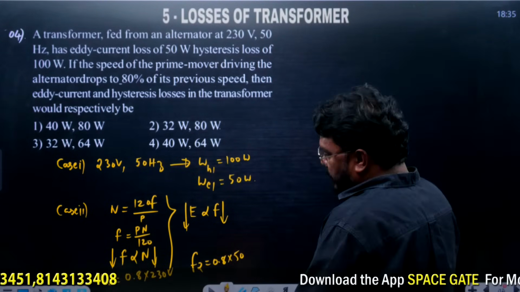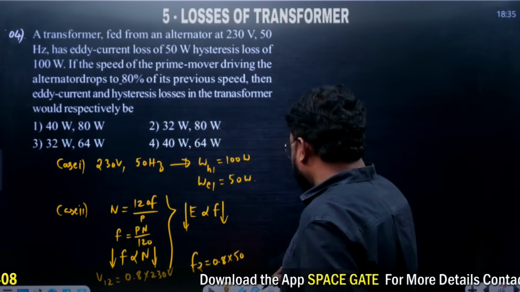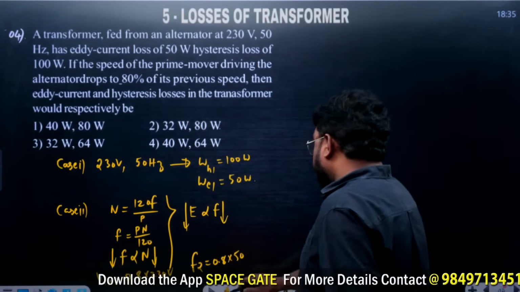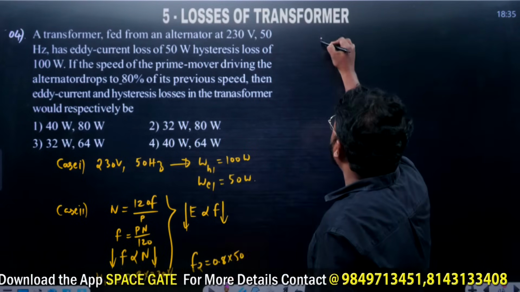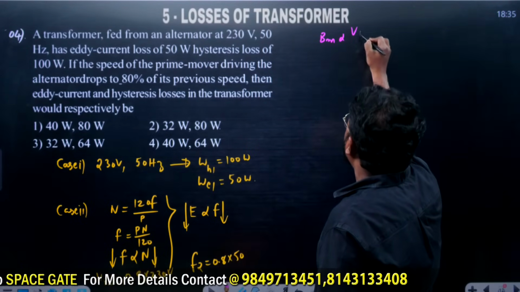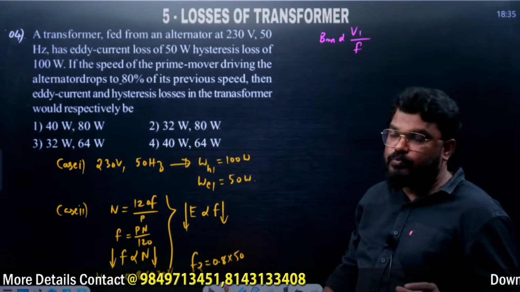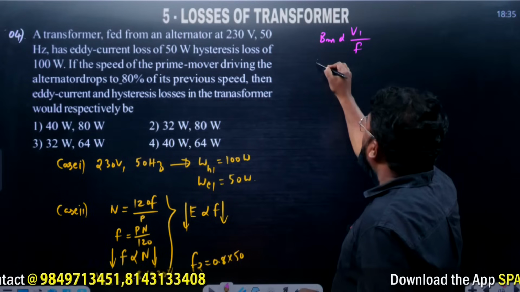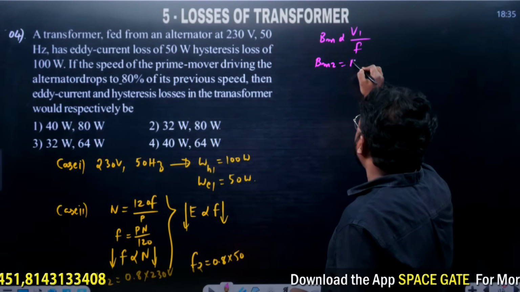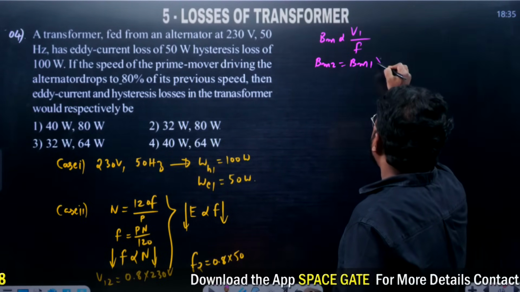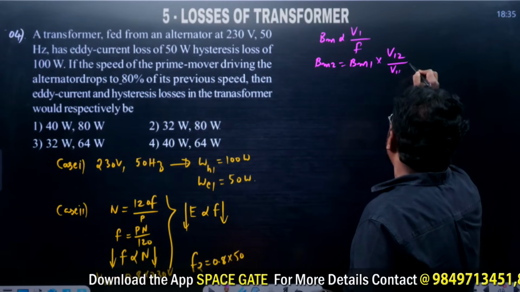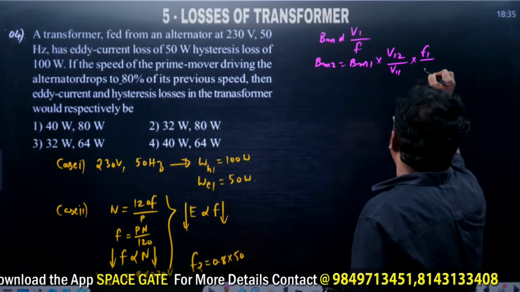Now let us verify whether the B maximum is constant or not. B maximum is directly proportional to the V by F ratio. B maximum 2 is equal to B maximum 1 multiplied by V2 by V1, into F1 by F2.